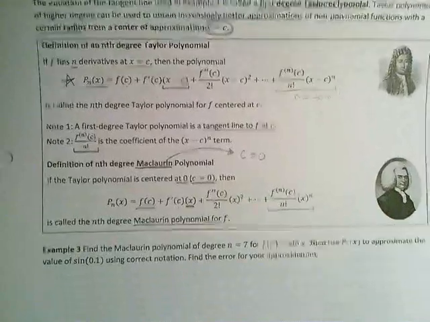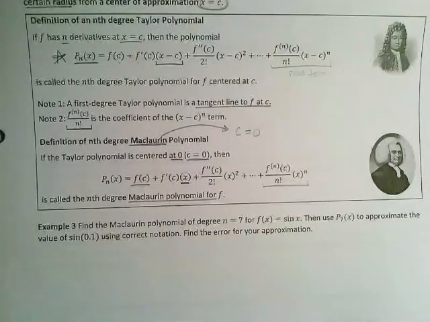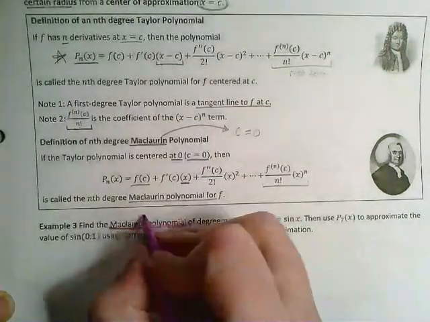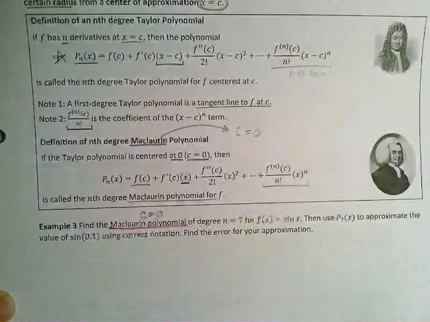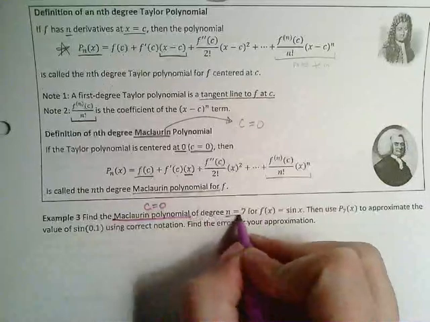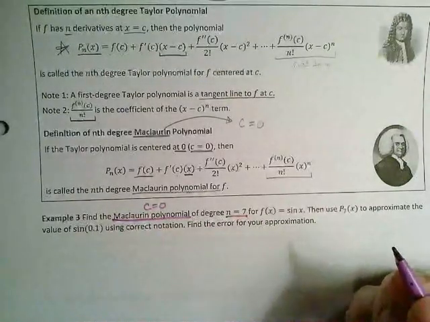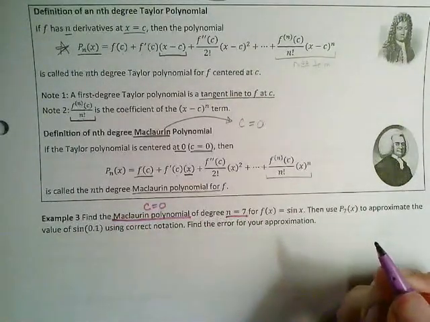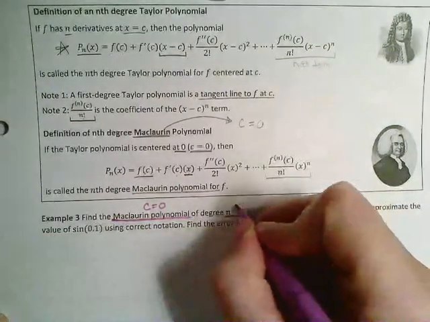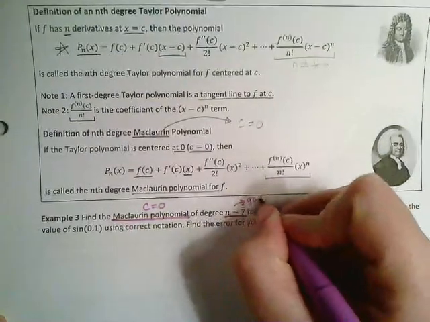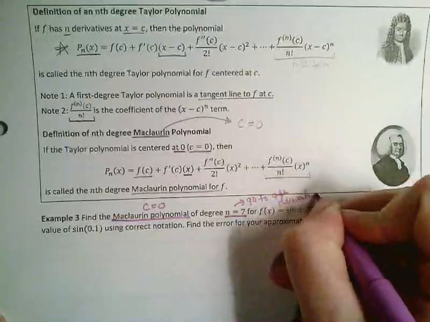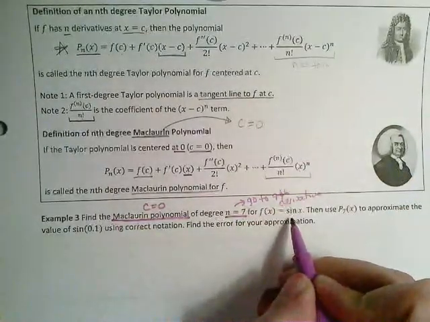So let's get into this. Let's find the Maclaurin polynomial. Right away they told us this was a Maclaurin polynomial, so I know that c equals 0. It's centered at 0, of the degree n equals 7. What this means is that we are going to be going to the 7th derivative for f of x equals sine of x.